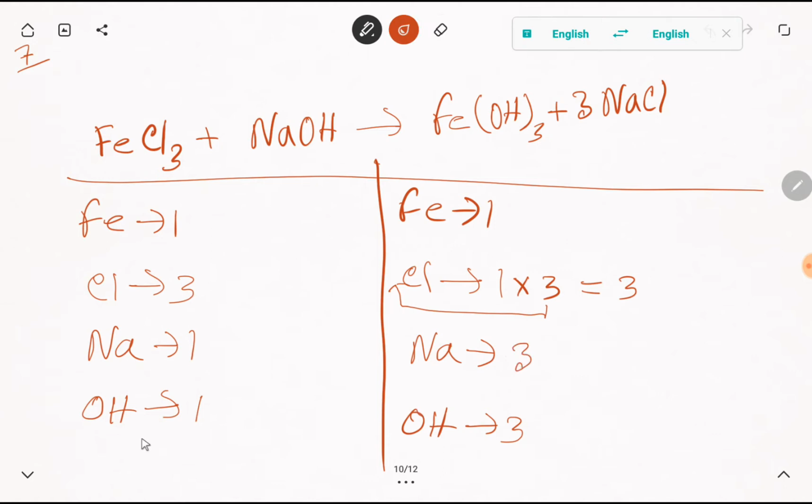Okay, so here now look, sodium here 1 but here 3, so to balance the sodium, I can multiply here by 3, that gives me 3. This 3 must come before this sodium, that is here. Sodium 3, then hydroxide 3, right?